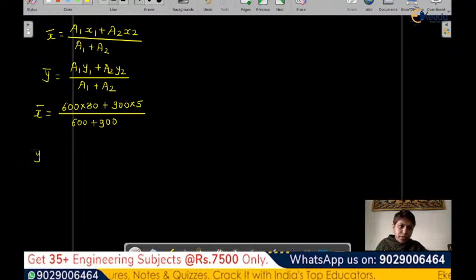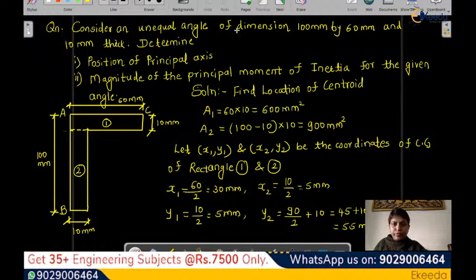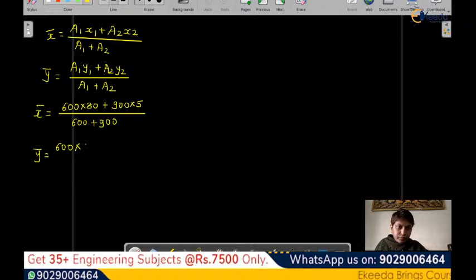So what is the answer you are getting? Just check it. For y bar, 600 into y1. What is y1? y1 is 5 and y2 is 55. Divide by 600 plus 900.